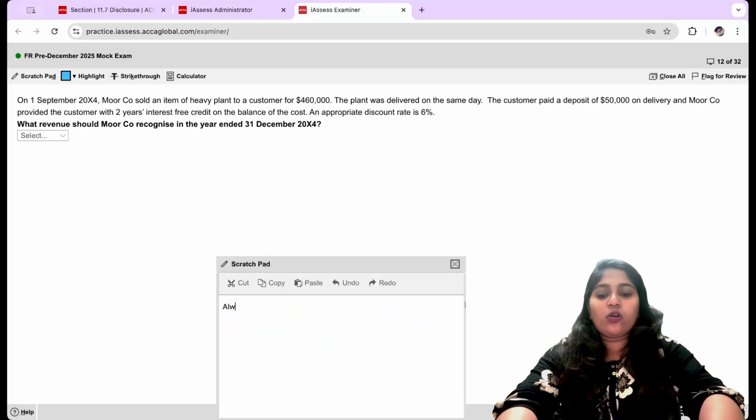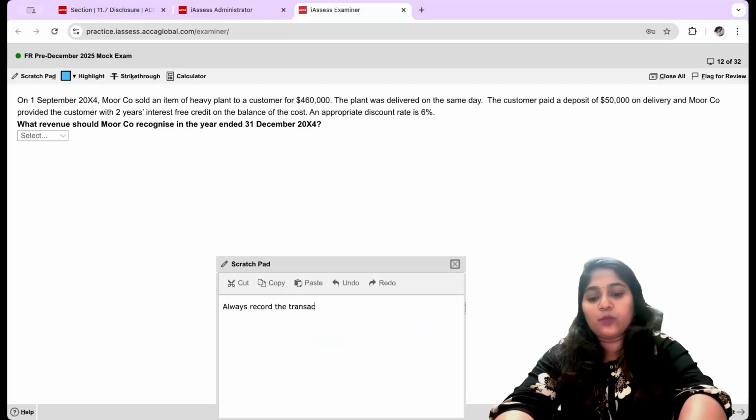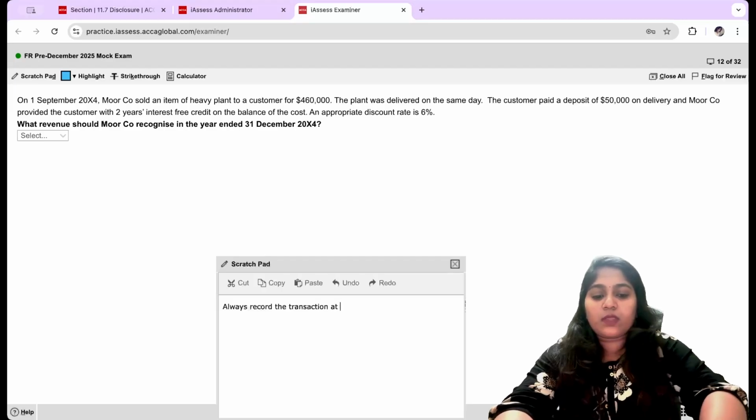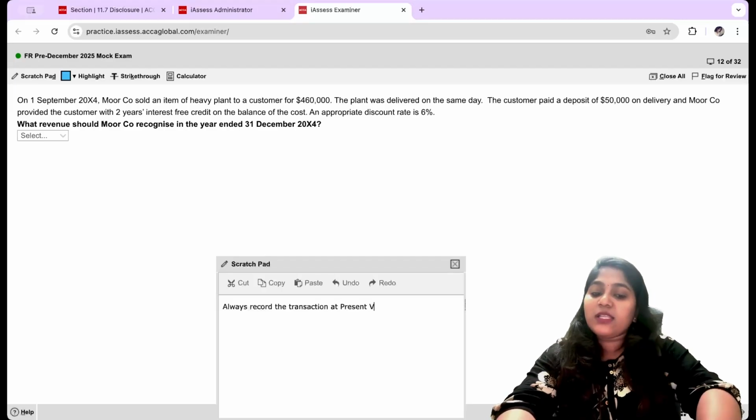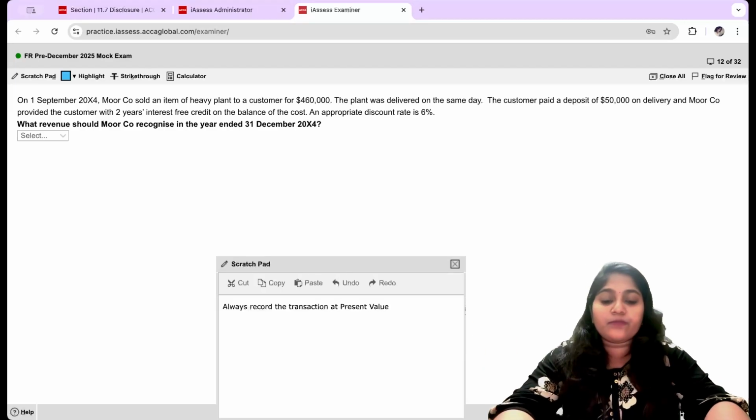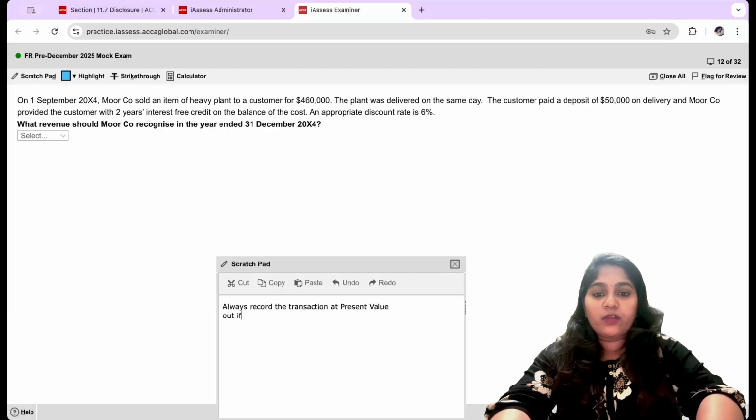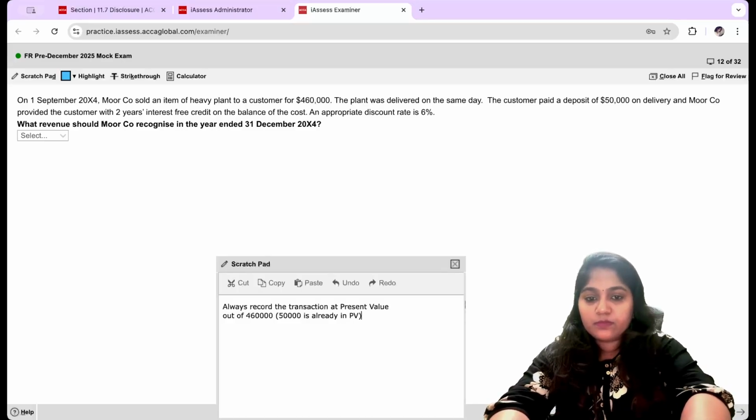Guys, always record the transaction at present value, unless otherwise told. Now out of $460,000, the 50 is already in present value because we got that money, correct?